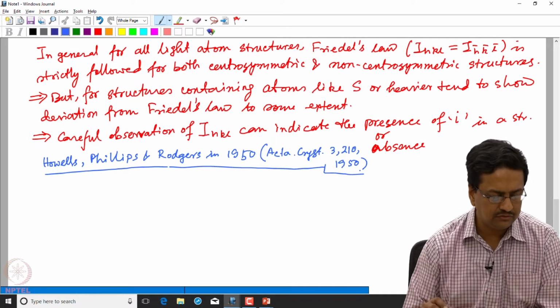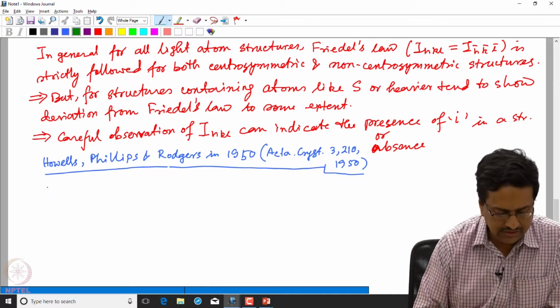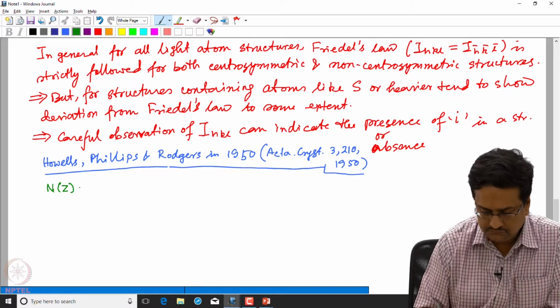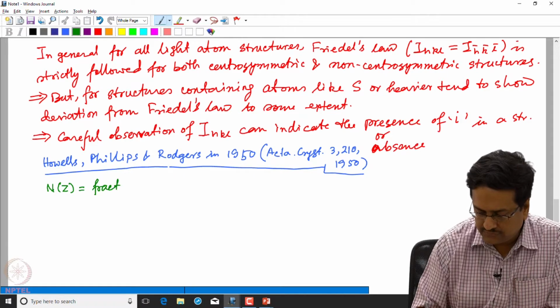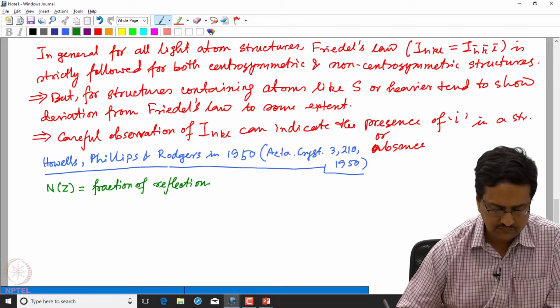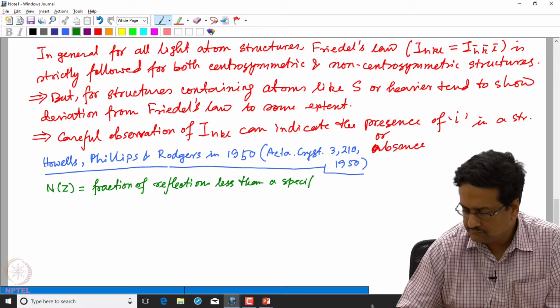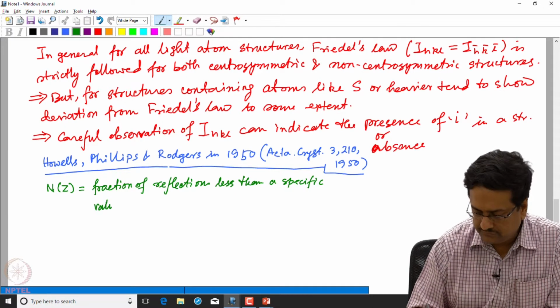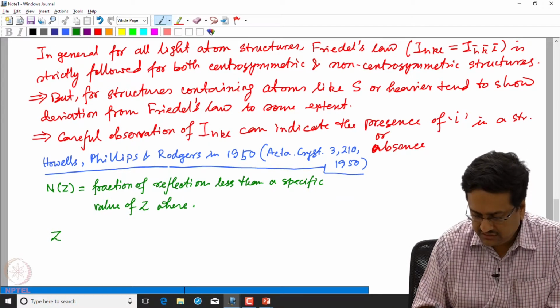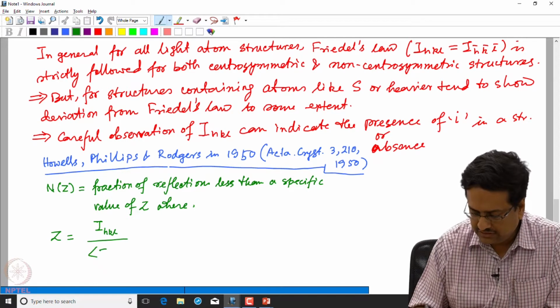So what they tried to do is calculate the number Nz, which is the fraction of reflections less than a specific value of Z, where Z is nothing but the ratio of the corresponding I H K L to the average I H K L.